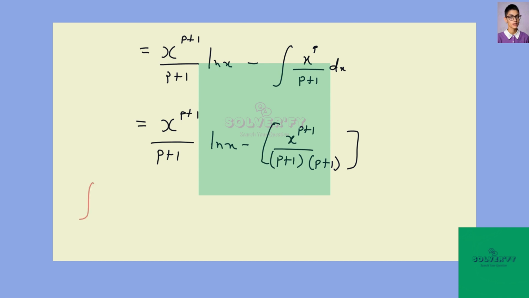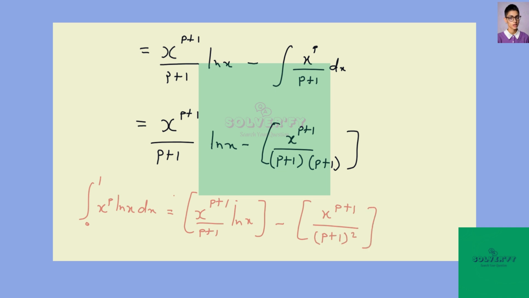So at this point, if we put in the limits, from 0 to 1, we would have x to the power p plus 1 on p plus 1 times ln x, minus x to the power p plus 1 on p plus 1, all squared, from 0 to 1.